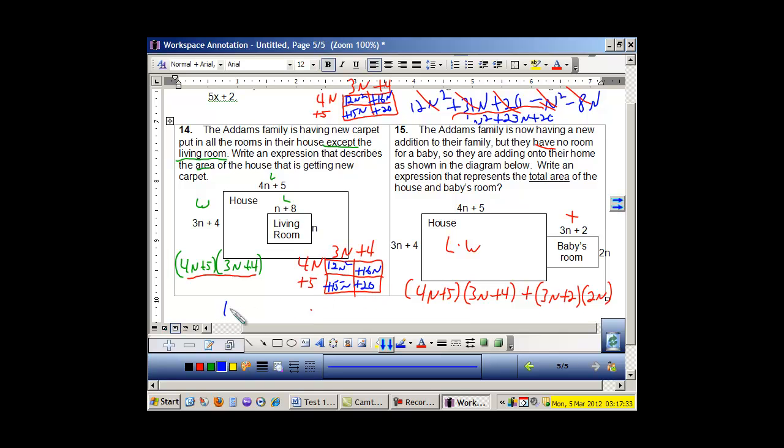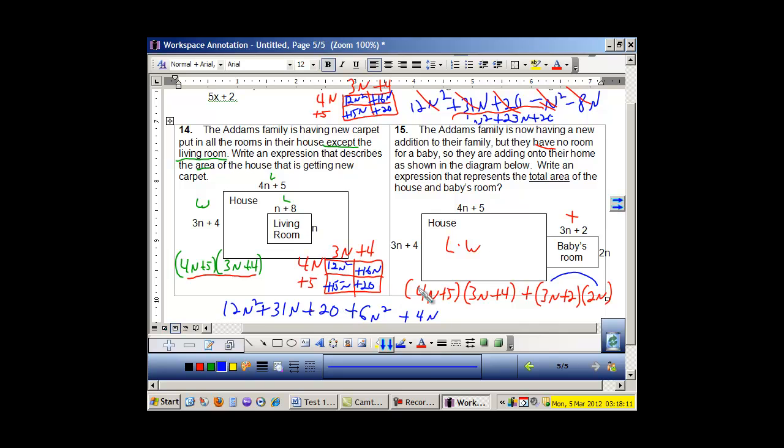Well, okay, so I got 12n squared plus 31n. Hey, guess what? These are the same dimensions. I could have easily done it differently, but that's okay. And they're going to add all this to the baby room. So n squared times 3n is 6n squared and 2n times n plus 4n. And then we're just going to combine like terms.